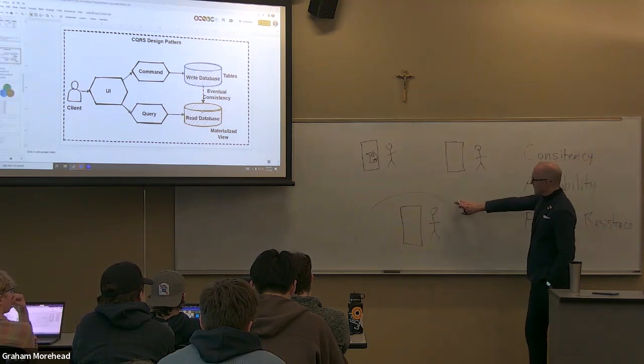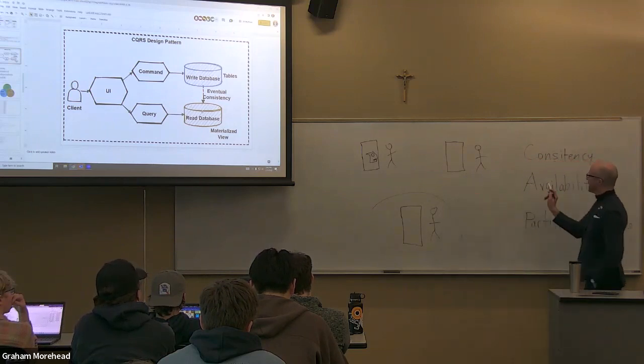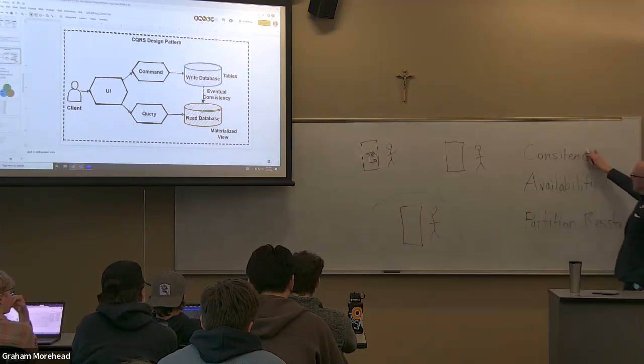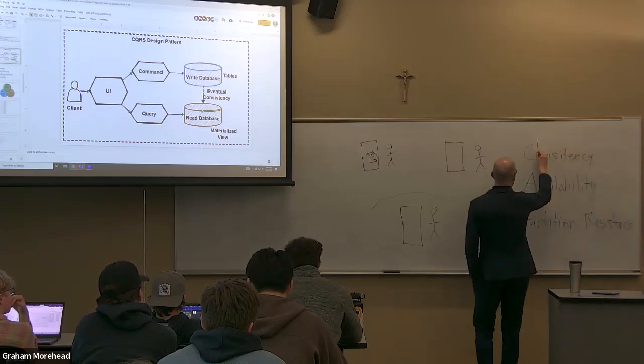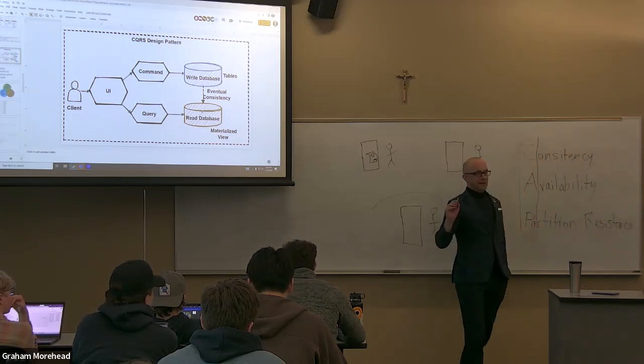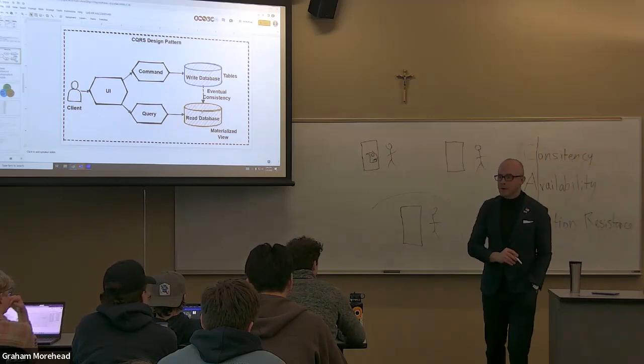So when there's a partition, you cannot have availability or you cannot have consistency. When there's no partition, then you can have both of those. But this is called the CAP theorem, CAP. You can't have all three perfectly.